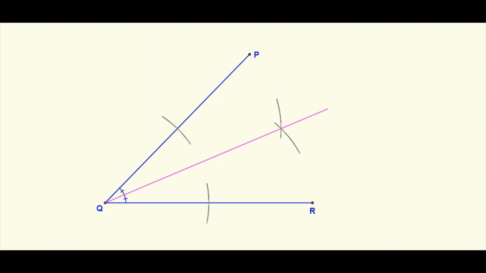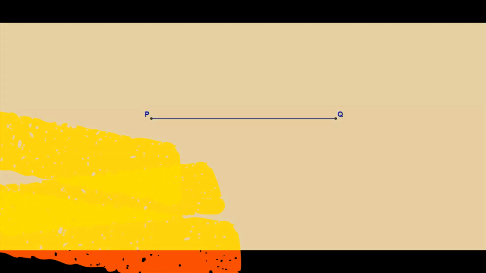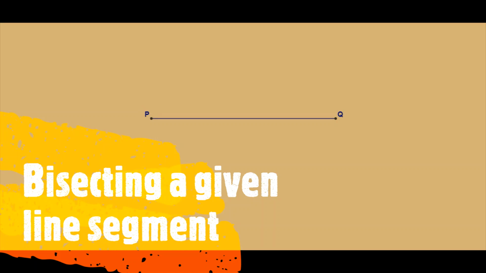So one important point to note: whenever you bisect a given angle, the line cuts the angle into two equal parts.